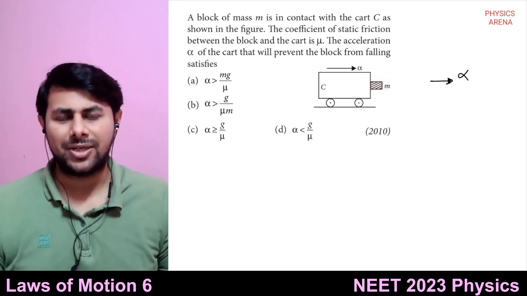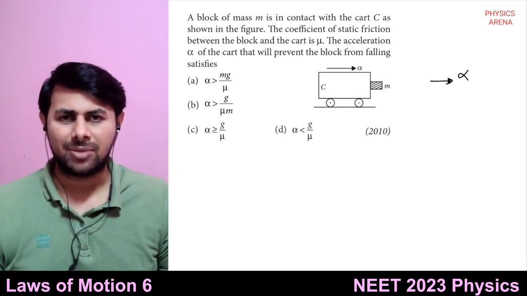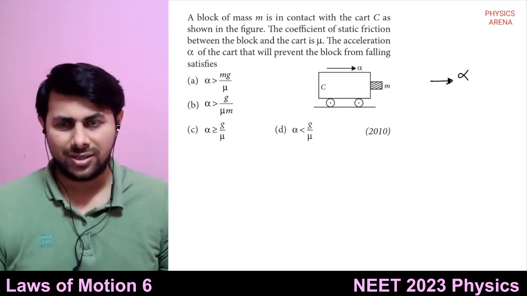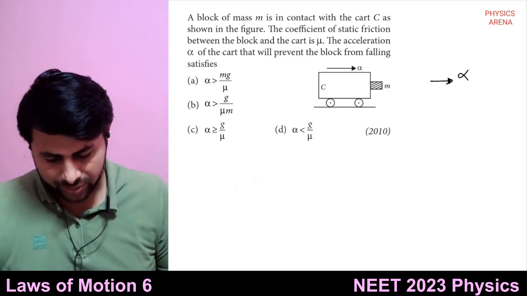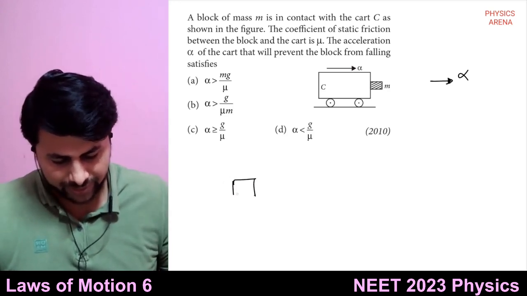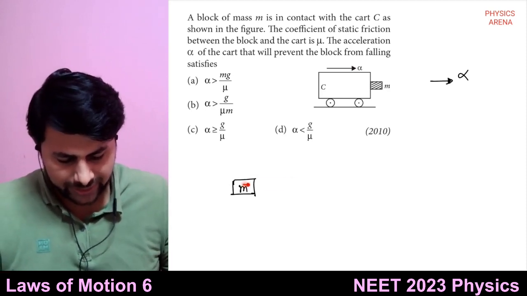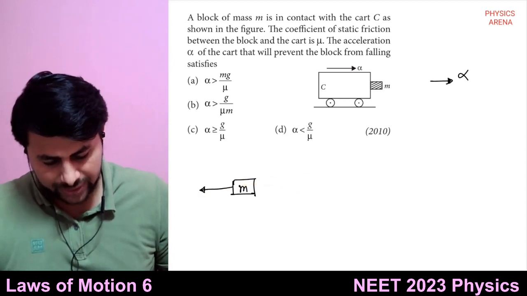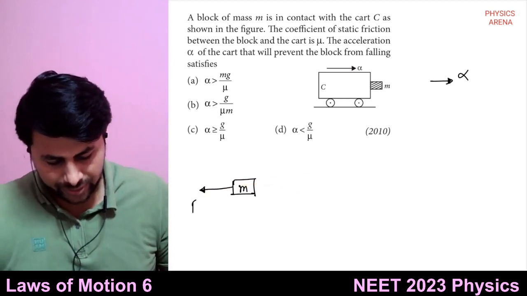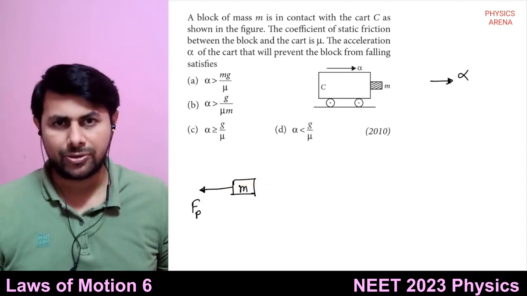And what will be the direction of the pseudo force? It is opposite to the acceleration, as we have studied, right? The pseudo force acts towards left, because the observer is accelerating towards right. I will call it FP, P for pseudo.